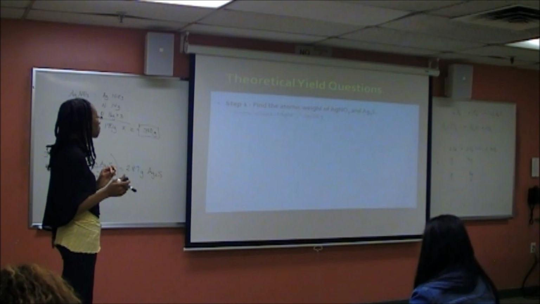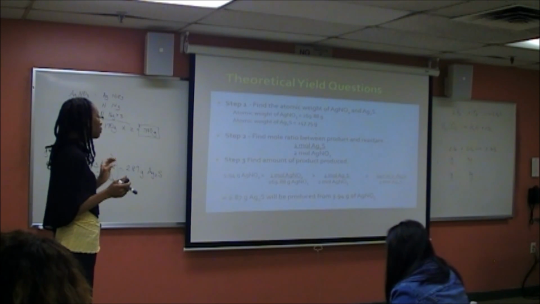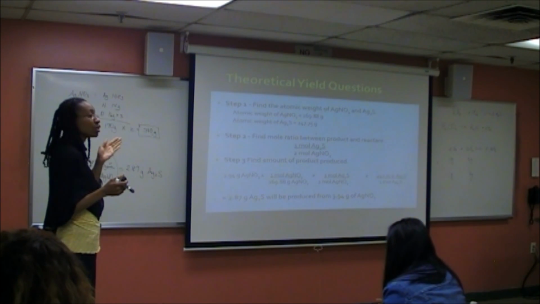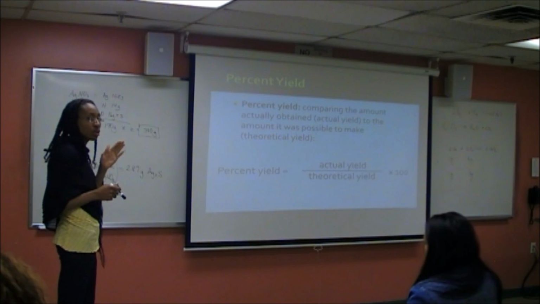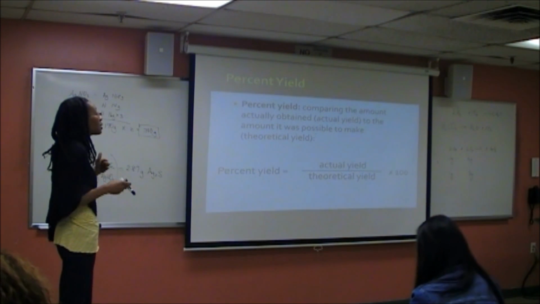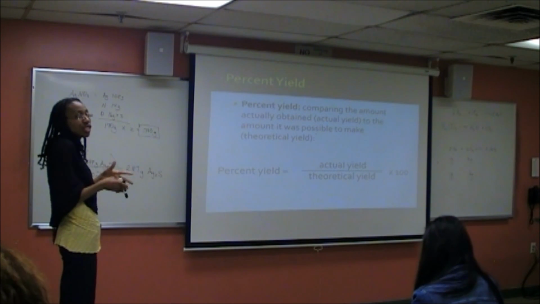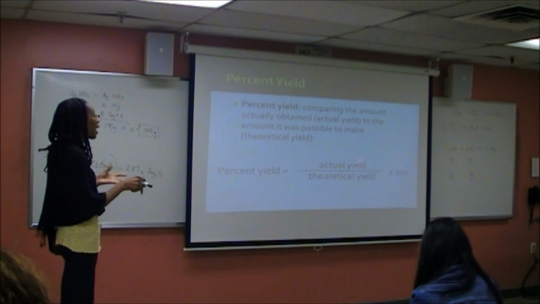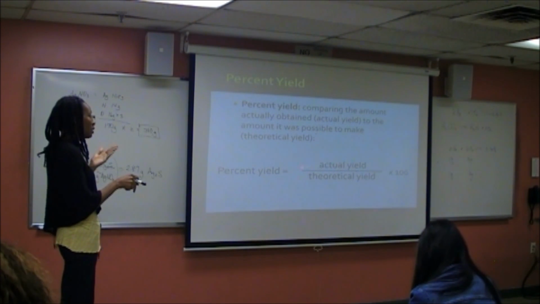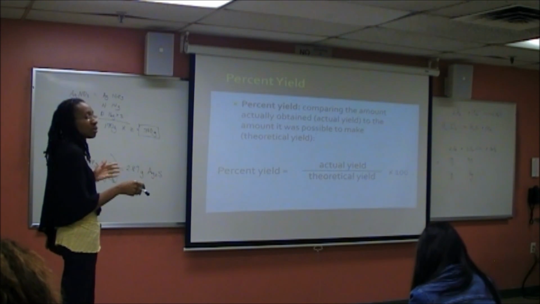Alright, so now, let's go with our percent yield. Percent yield is simply, what is the percentage of what you got based on what you were supposed to get? So you have your actual yield divided by your theoretical yield times 100.